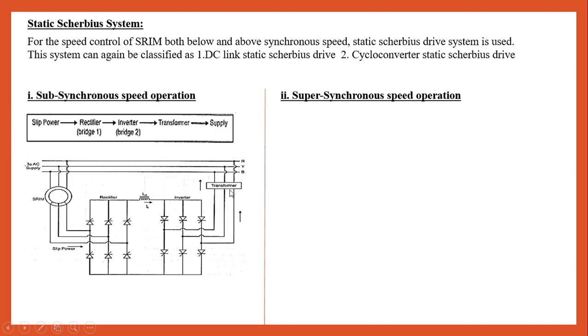Then the three-phase AC is given to the transformer. Then the secondary of the transformer is connected with the three-phase mains. So the power flow starts from slip power, then rectifier, then inverter, then transformer. Finally, it is again fed back to the supply.